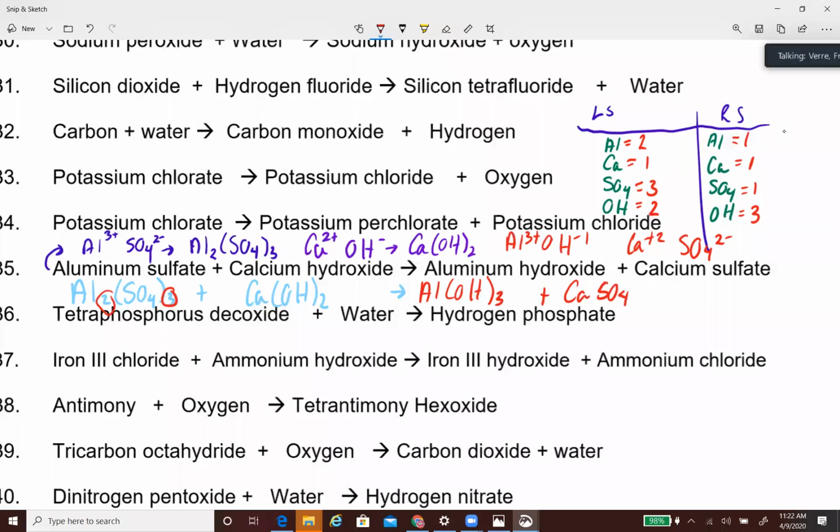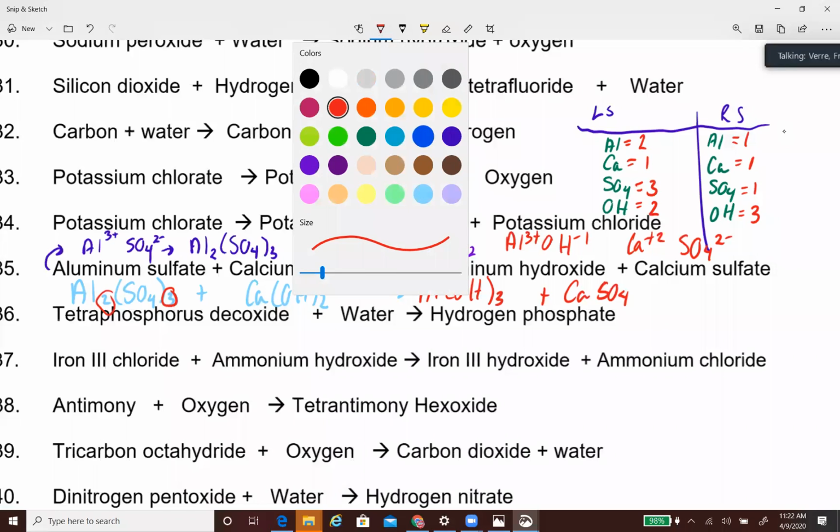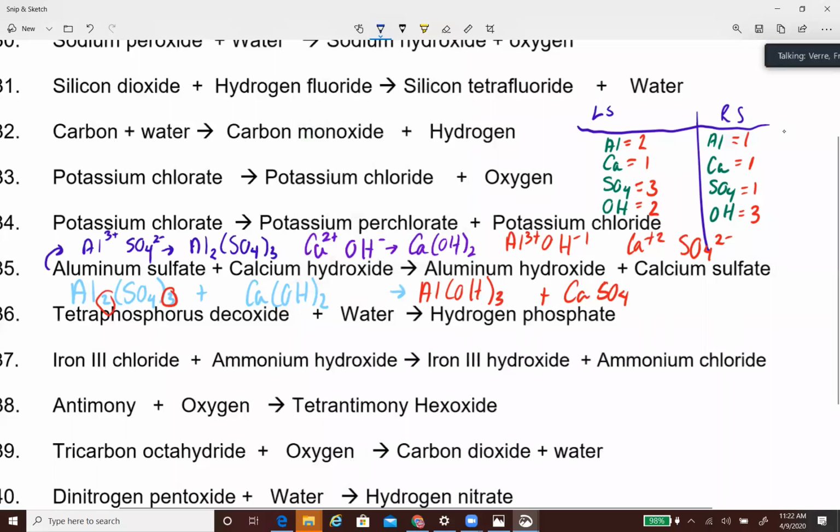Okay, so let's start with the aluminum. Okay, you don't have to start with aluminum, but I'm just going to start with aluminum. So I'm going to put a number in front. Remember, you can only change coefficient, right? I'm going to put a number in front on the right side. I'm going to put a 2 because 1 times 2 gives me 2.